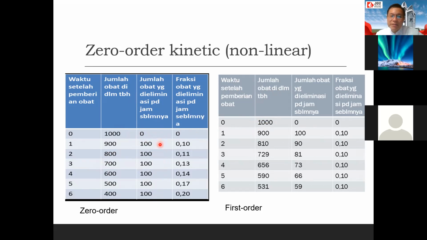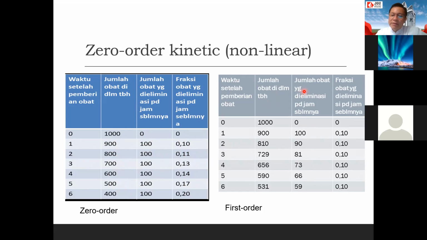If the capacity of the enzyme is 100, whether you have 1,000, 10,000, or 100,000, you can only eliminate 100. So this one is 100, 100, 100, 100. The fraction becomes 0.10, 0.11, so the fraction keeps increasing.